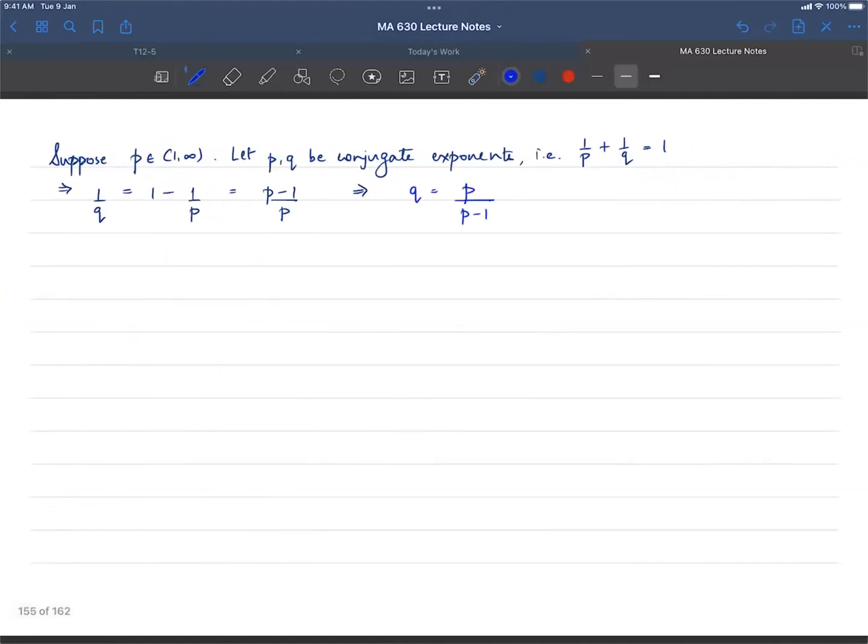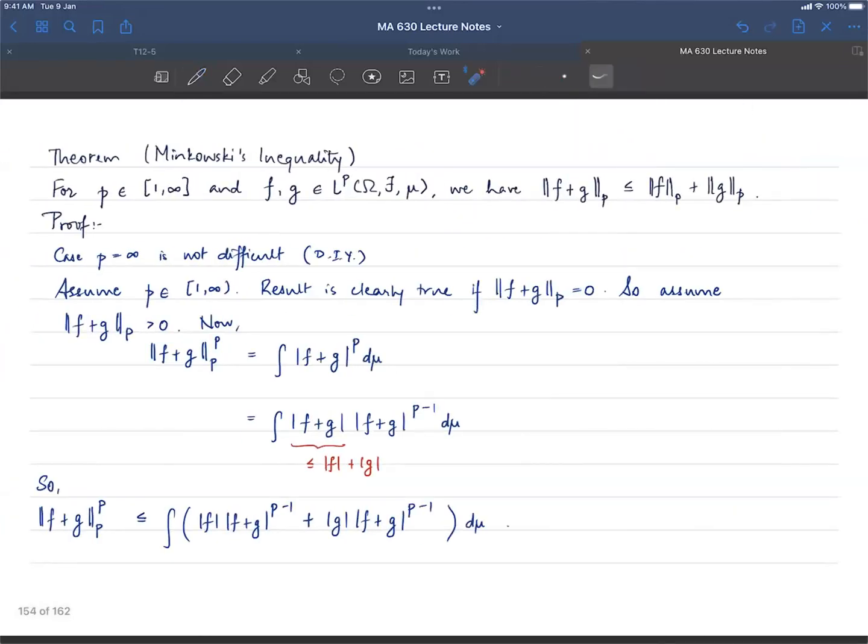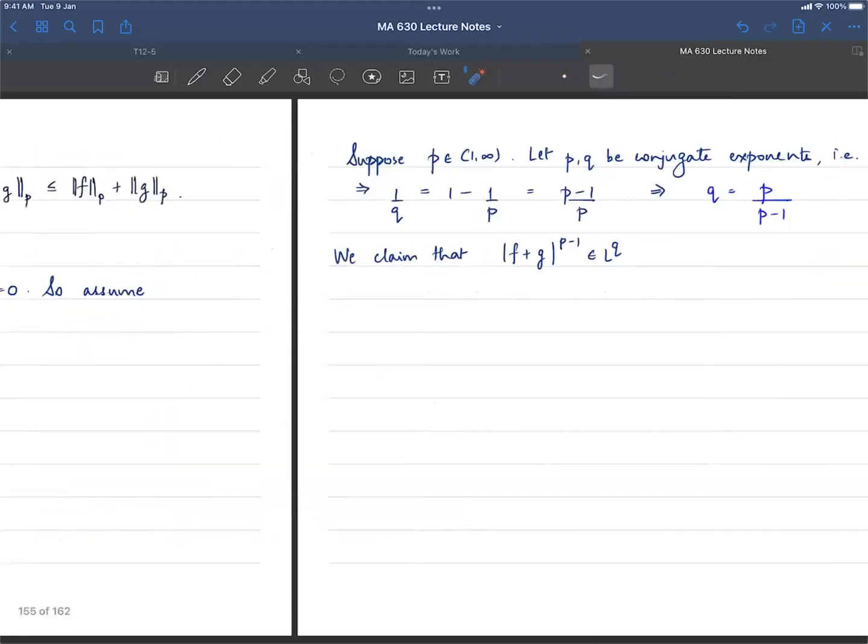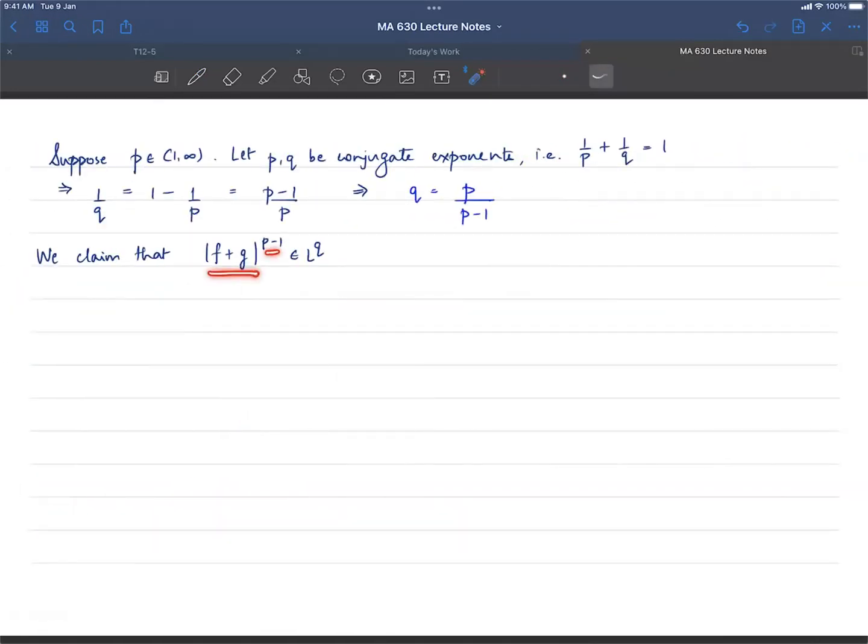So we claim that absolute value of F plus G to the P minus 1 is an LQ. Because remember, if this is the case, then you can use Holder's inequality. I'm taking a product of absolute value of F times absolute value of F plus G to the P minus 1. The first guy is an LP. If the second guy is an LQ, then the product is an L1 and I can use Holder's inequality. So that's where I'm going with this. So we claim that absolute value of F plus G to the P minus 1 is an LQ.